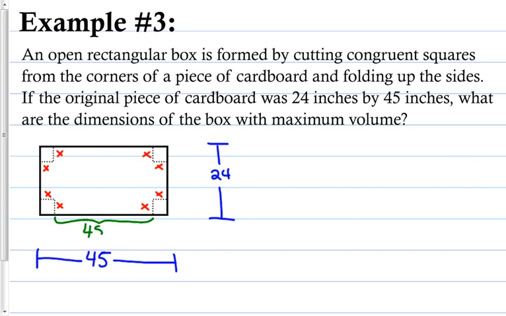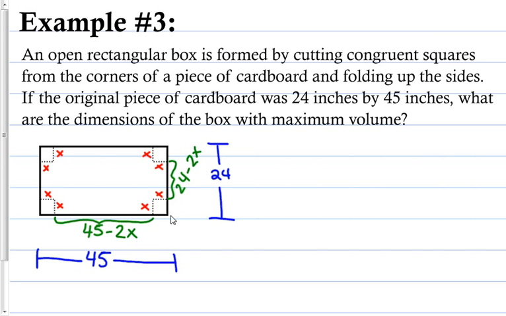They'll be 45 minus an x from each corner, so 2x. And then for here, my dimensions won't be 24. They'll be 24 minus an x from each corner.